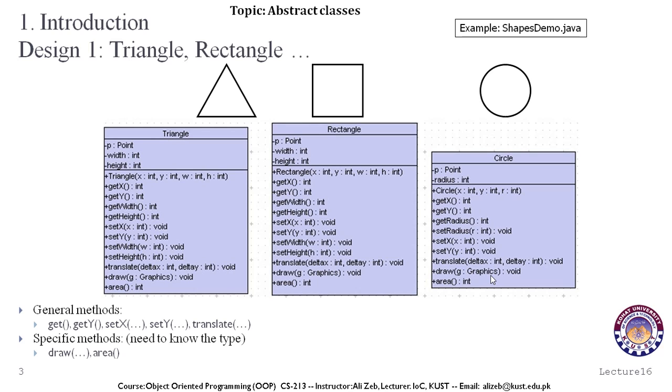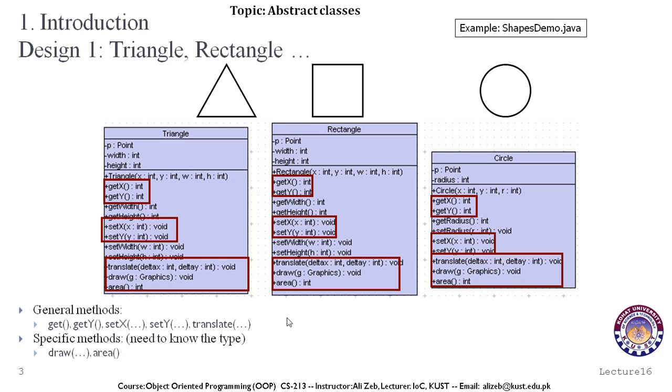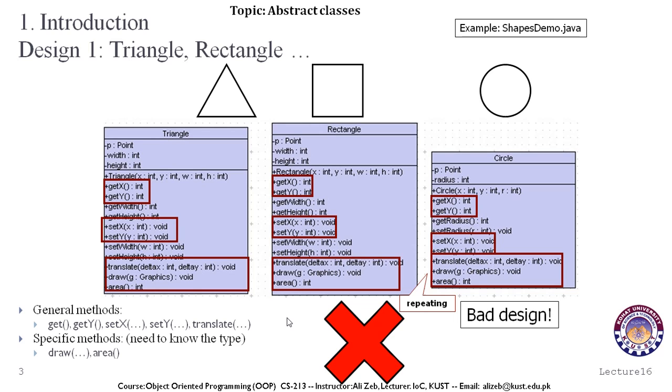And if we look closely, we can see that most of these methods are very similar. The signatures of these methods are the same. As we can see, the setter methods and the getter methods, and if we look at the signatures of even the specific methods, they are all the same. So we are repeating the same kind of definitions or the same methods in each of these classes, which can be called a bad design.